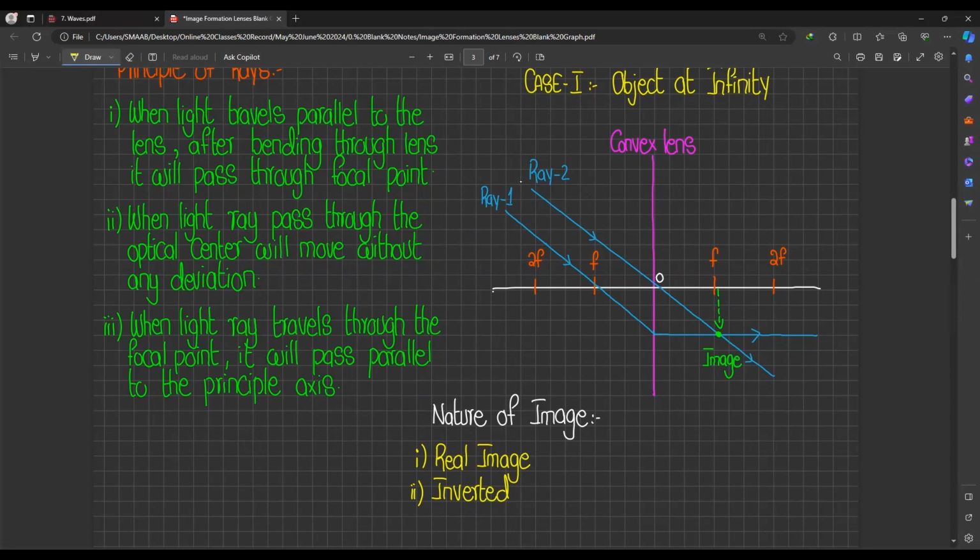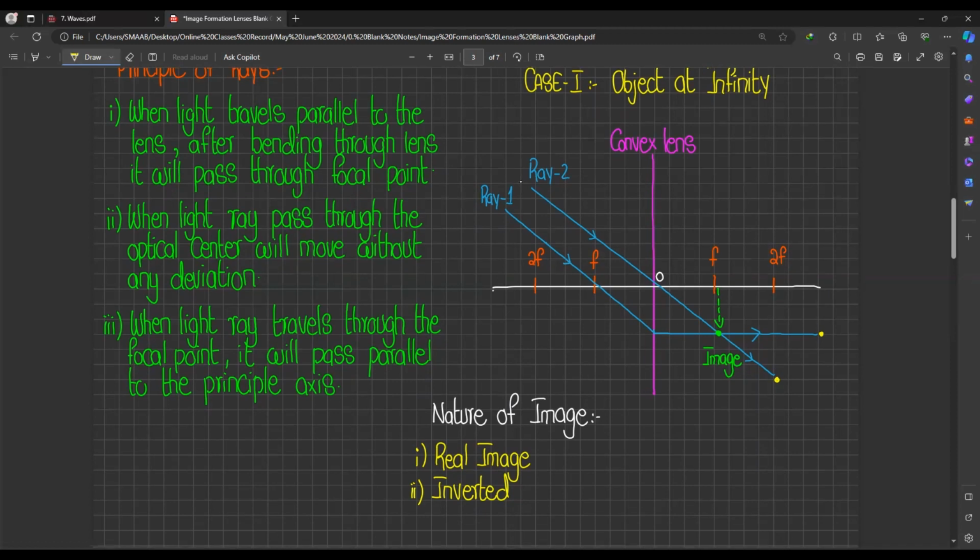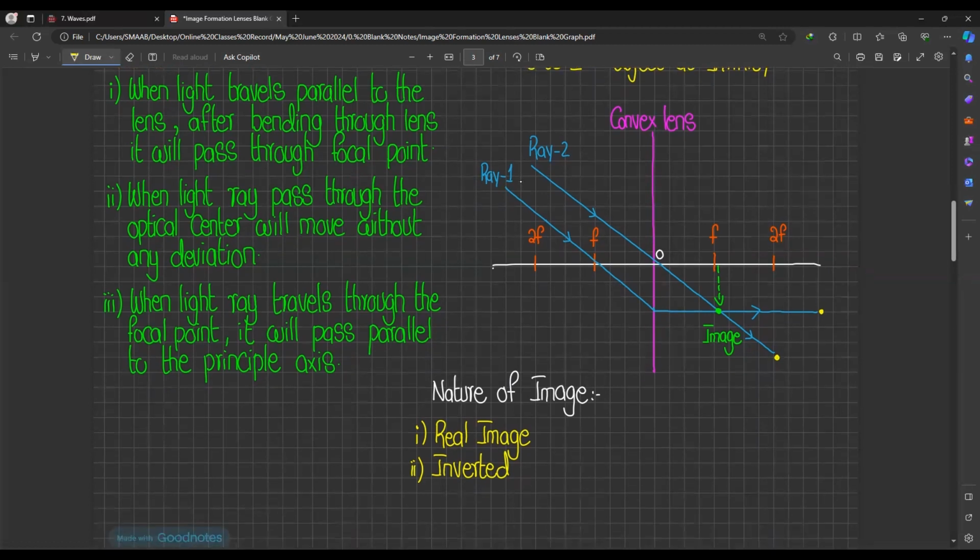You can easily identify that this point is on the top and this is on the bottom. So basically your upside will be down. So this is inverted. And by using the height of this green line, you can identify the exact size of the image. The light rays are coming from infinity and you are getting a small size image, that is diminished.